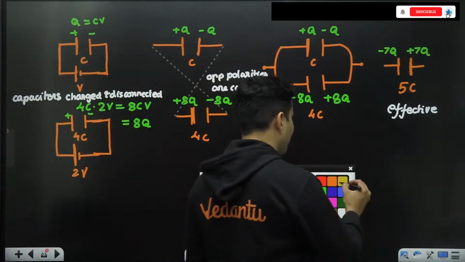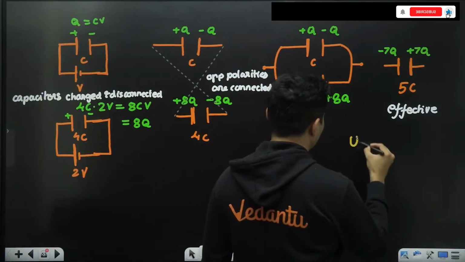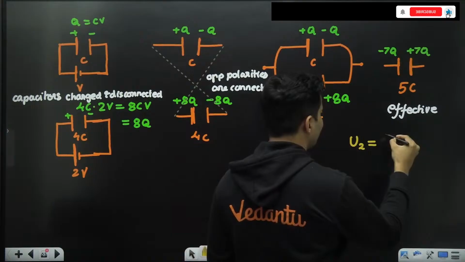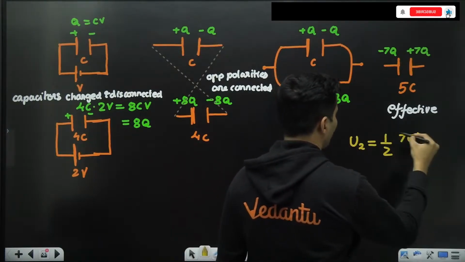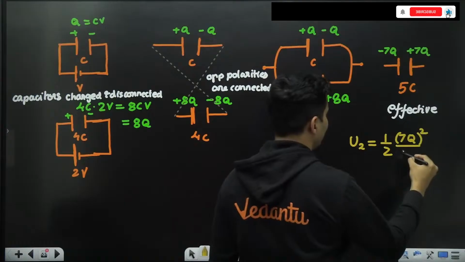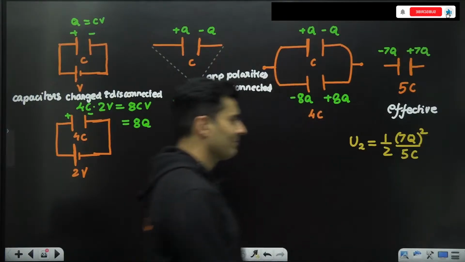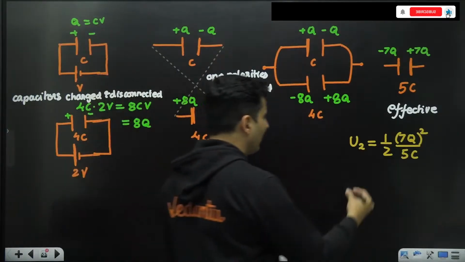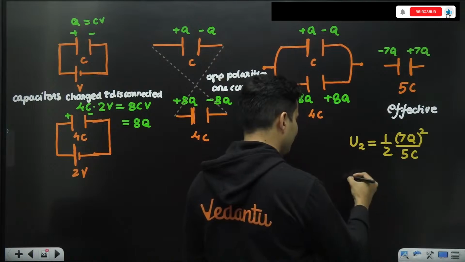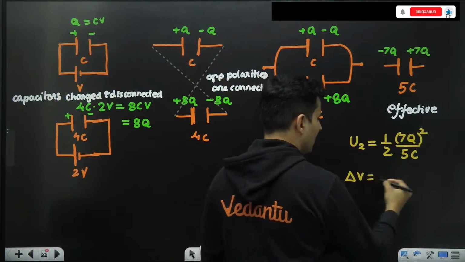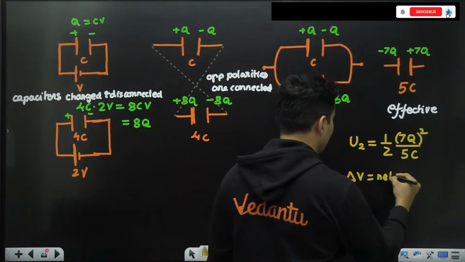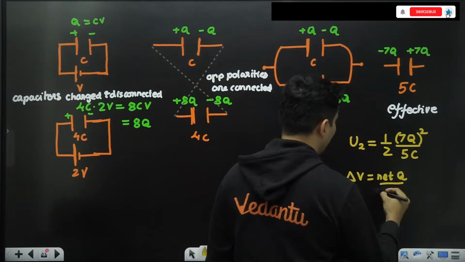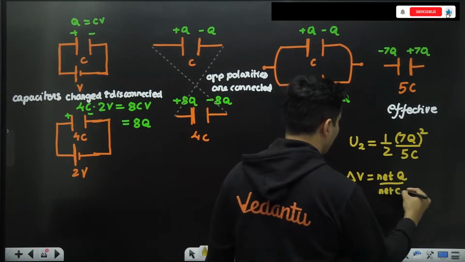So if we have to find the final energy, in this case it will be half Q square by capacitance, which is 7Q whole square by 5C. That's it. If you have to find the final voltage, Q is CV, so V will be Q by C. So net charge divided by net capacitance.